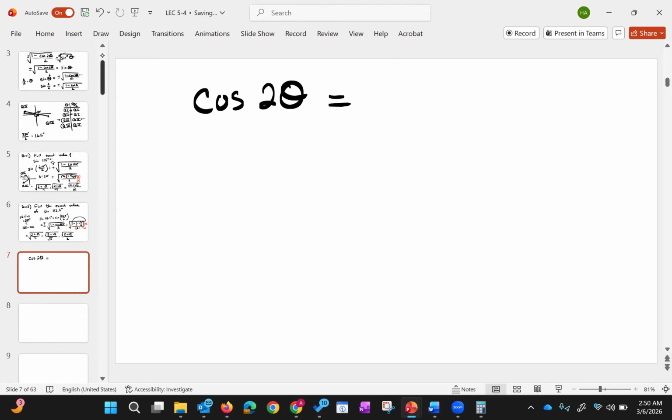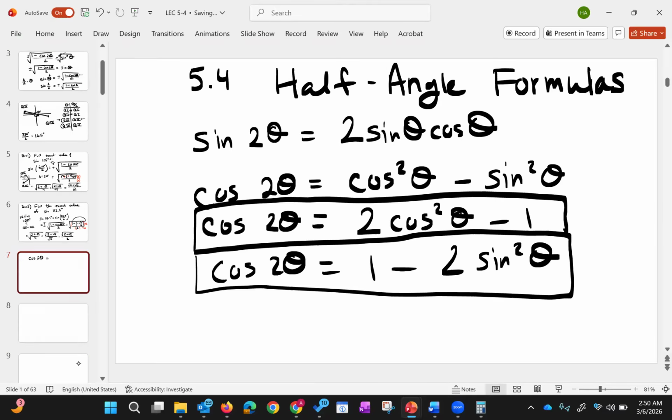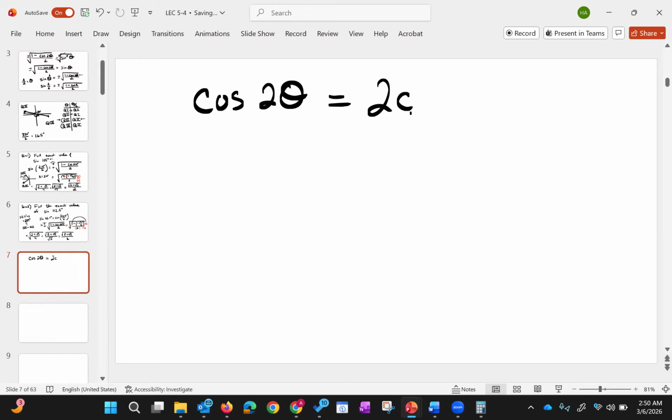Let me go back to this one again. 2 cosine. All right, now to move things over, we're going to add 1 to both sides.